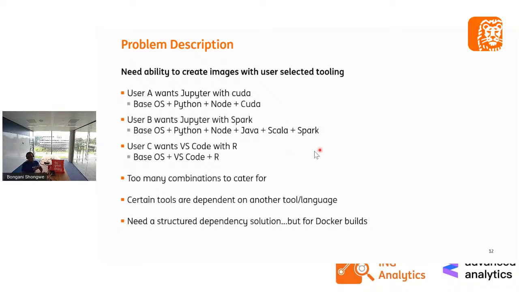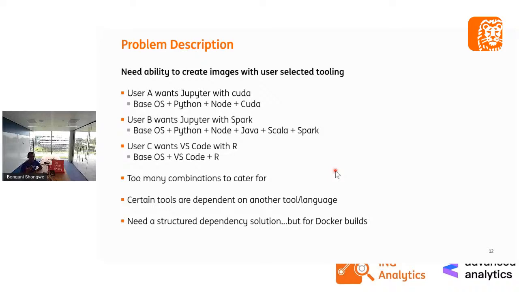Whereas user C wants VS Code with R. For that user, we would have the base image and need to include VS Code and R. So as you can see, there are too many combinations to cater for. And if we were to introduce a new framework, a new tool, a new language, it'll introduce more complexity.